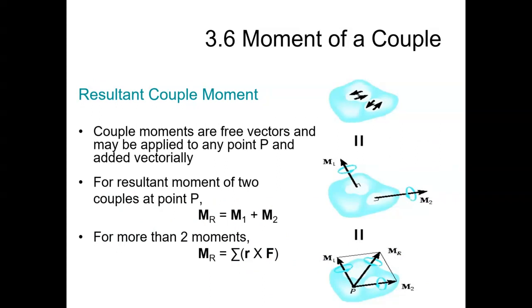If there are a few forces, they each would cause a certain moment, and eventually you can add all the moments together. And then that resultant is equal to the resultant of the forces multiplied by the position vector of the resultant.